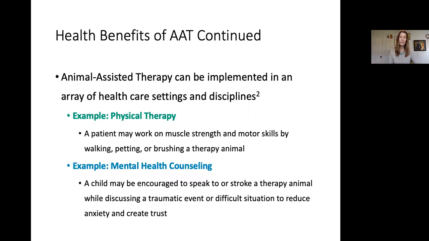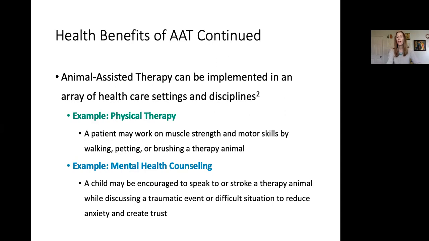So some of the studies that have been done on the therapeutic animal-assisted therapies have shown quite a bit of success in different settings and disciplines. This slide illustrates just two examples of some fields that have utilized and experienced successful effects of animal-assisted therapy. An example is within physical therapy, utilizing a therapy animal for a patient to work on their motor skills, and that can be done through asking the patient or client to walk, pet, or even brush the therapy animal.